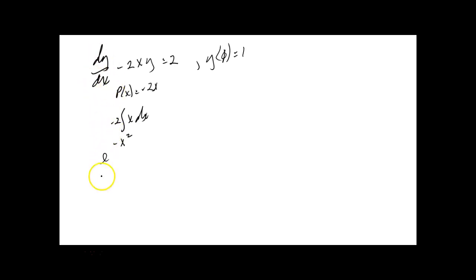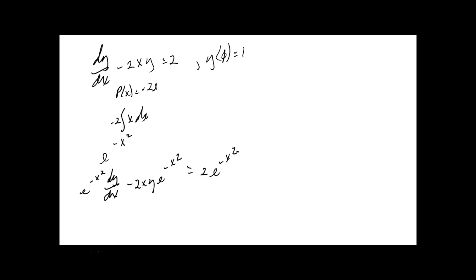And that's what you multiply by both sides. So it's e to the minus x squared dy/dx minus 2xy e to the minus x squared is equal to 2 e to the minus x squared.